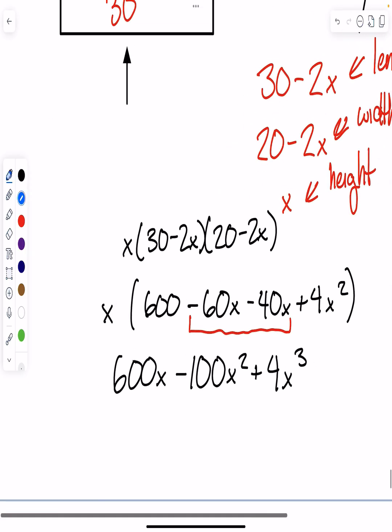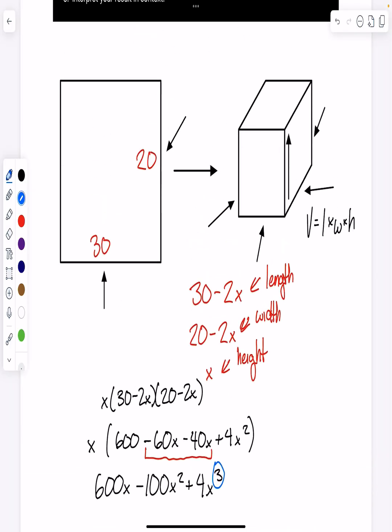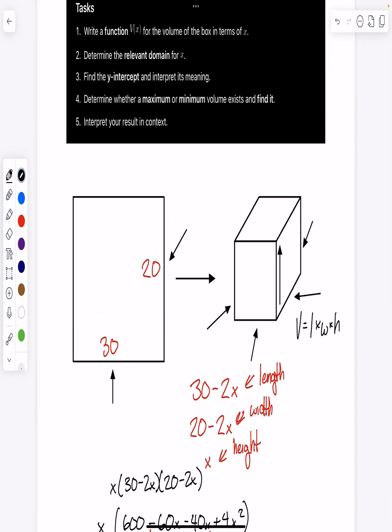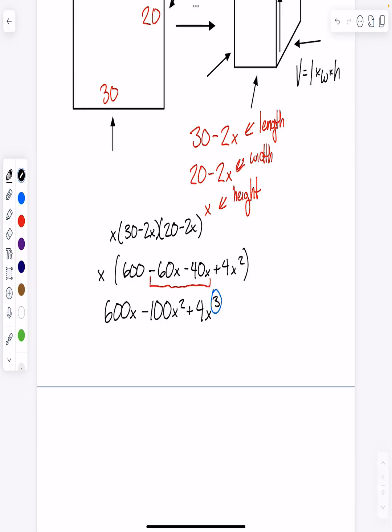Notice that the highest degree of my polynomial in this case is 3, which is correct because that corresponds to a volume function, which is 3-dimensional. And so from here, determine the relevant domain. This is an interesting question. Domain is all possible input values I can have.